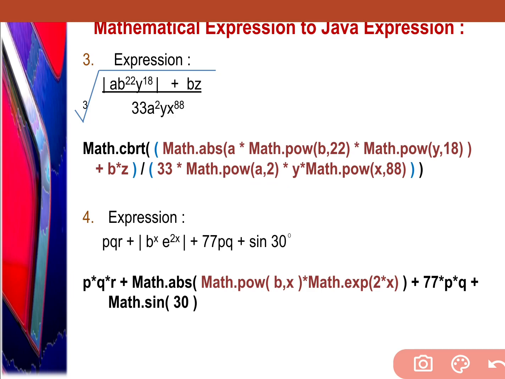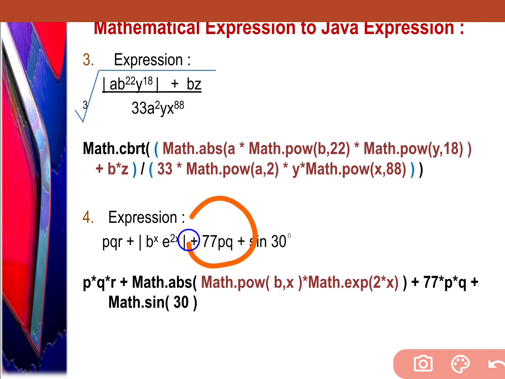See the fourth one. PQR, p into q into r, plus again absolute, Math.abs, b to the power x into e to the power 2x, e means exp, and then the absolute is closed.